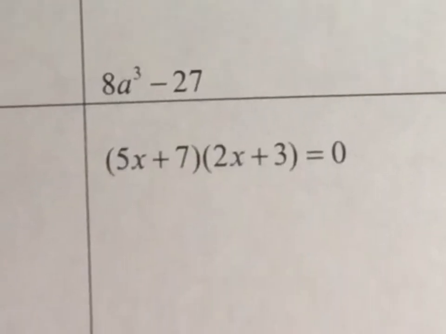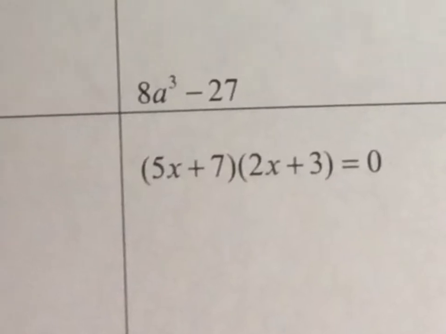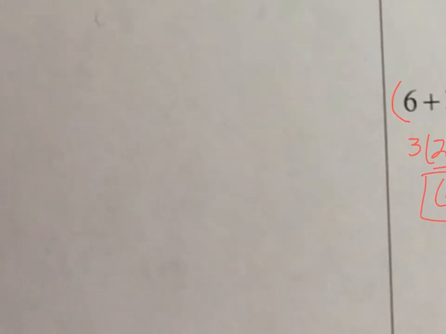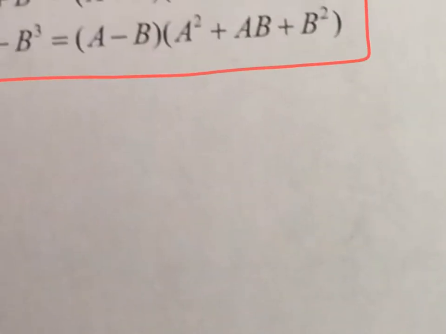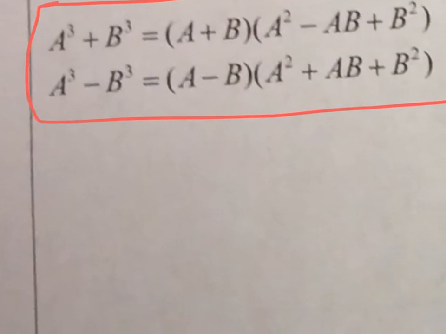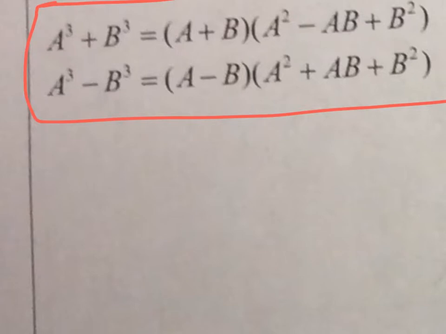I kind of squeezed you on room for this 8a cubed minus 27, so I'm going to put it back over here. Let's get the whole class involved on this one.